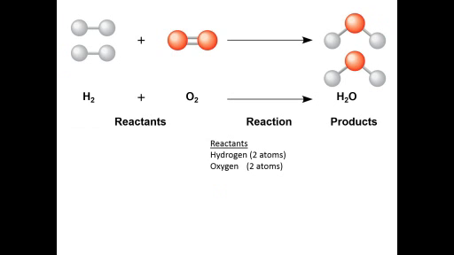Initially, you have 2 hydrogen atoms and 2 oxygen atoms. Again, the subscript tells you how many atoms of a particular element you have. You have 1 molecule of hydrogen gas and 1 molecule of oxygen gas. A molecule of hydrogen gas has 2 hydrogen atoms, and a molecule of oxygen gas has 2 oxygen atoms. And initially, you have 1 molecule of water, made up of 2 hydrogen atoms and 1 oxygen.